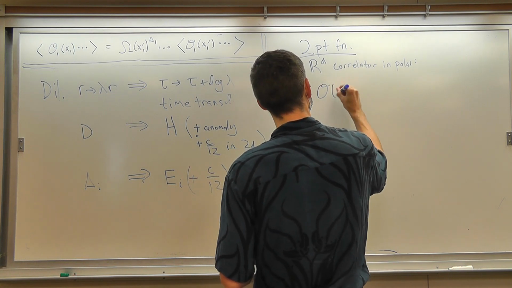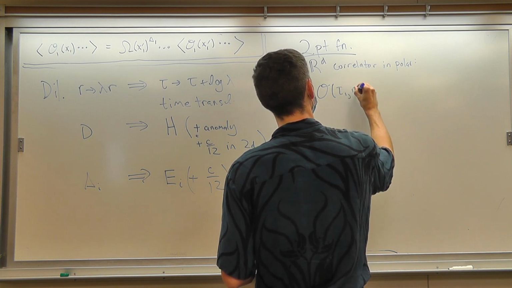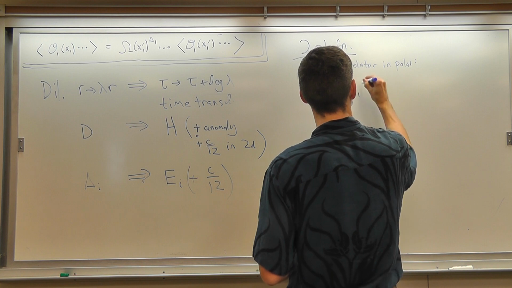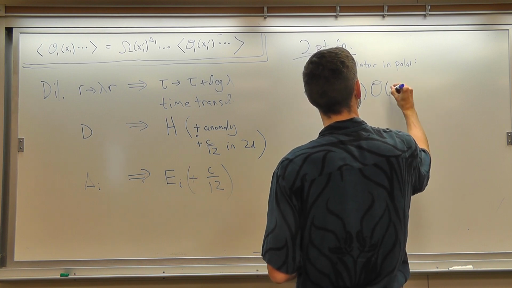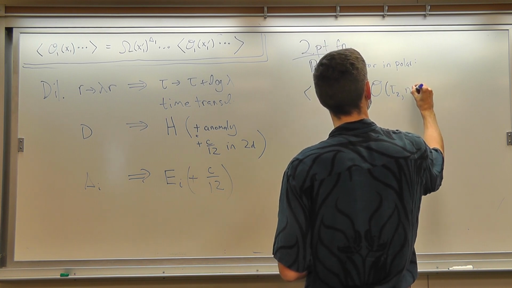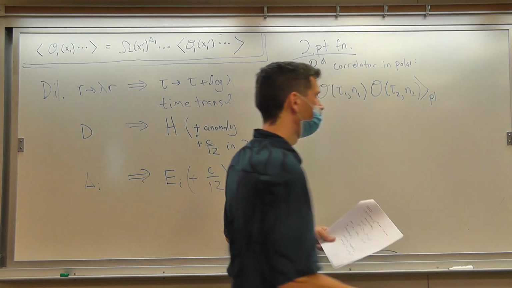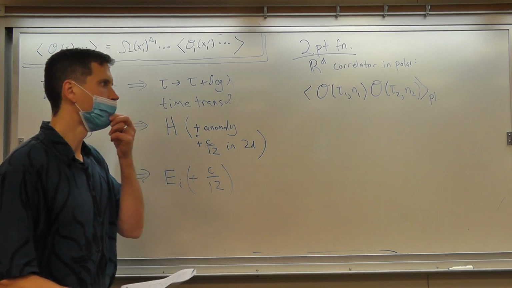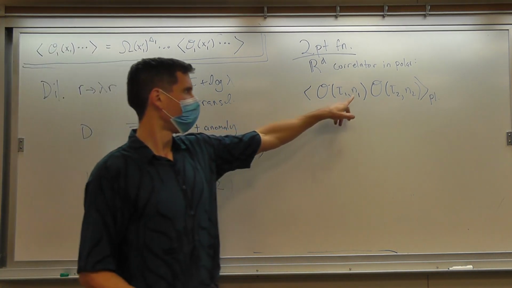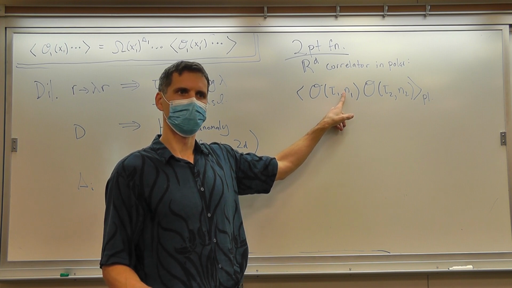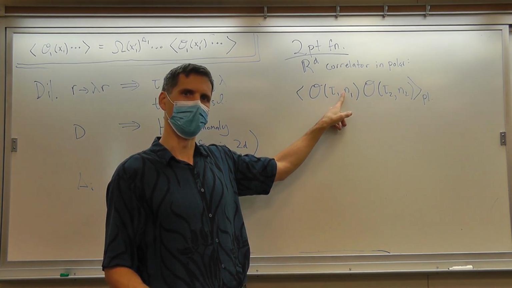It's O of tau 1, n1, O of tau 2, n2, and I'll label it PL for plane. n is the angle, a point on the unit sphere.